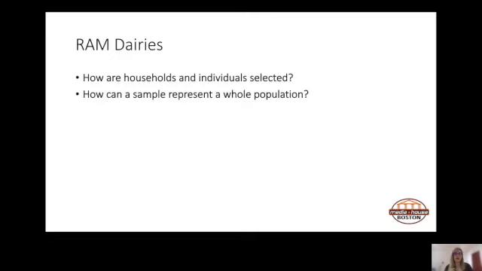This means that a house that has been selected, let's call it house A, needs to be far enough away from house B if they're both in the sample. So the distance between these samples is based on the density of the households in a particular area, which makes sense if you think about it. The shorter the distance, the denser the population. The longer the distance, the more space there is between two houses.